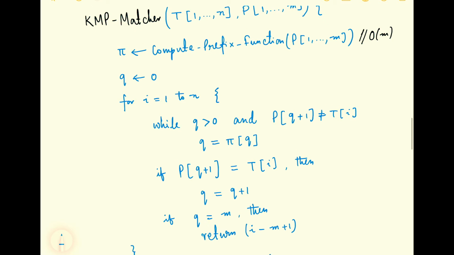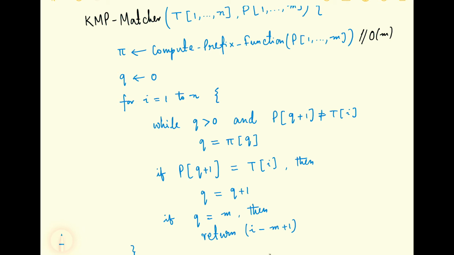First I will see that I have already matched the first q. So remember what is q? q is the partial match. I have already matched the first q characters of p with t up to i minus 1, and I am seeing whether I can continue this partial match into a full match.